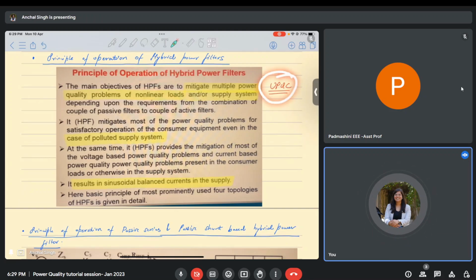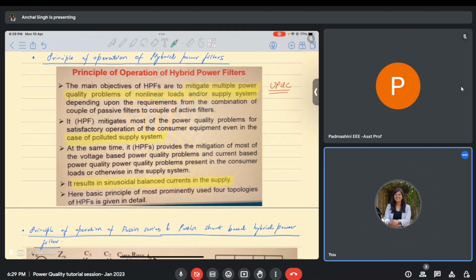So that is the difference between hybrid power filter and UPQC analysis. Okay, the basic principle is not very different. You will use the equations and the principles that you have studied for UPQC, but the only major difference in this analysis will be that we'll be taking care of the voltage non-idealities as well in the system.